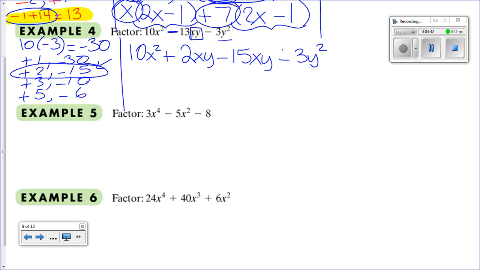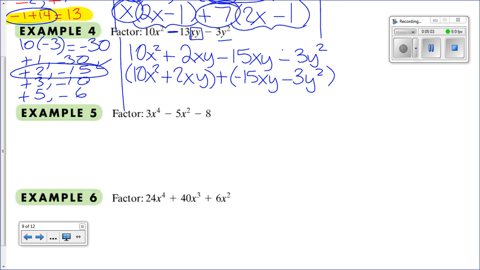Now we're going to do the same idea, factor by grouping. So we make the first group 10x squared plus 2xy, plus negative 15xy minus 3y squared. Okay, now I want you guys to try to factor that one on your own by grouping.